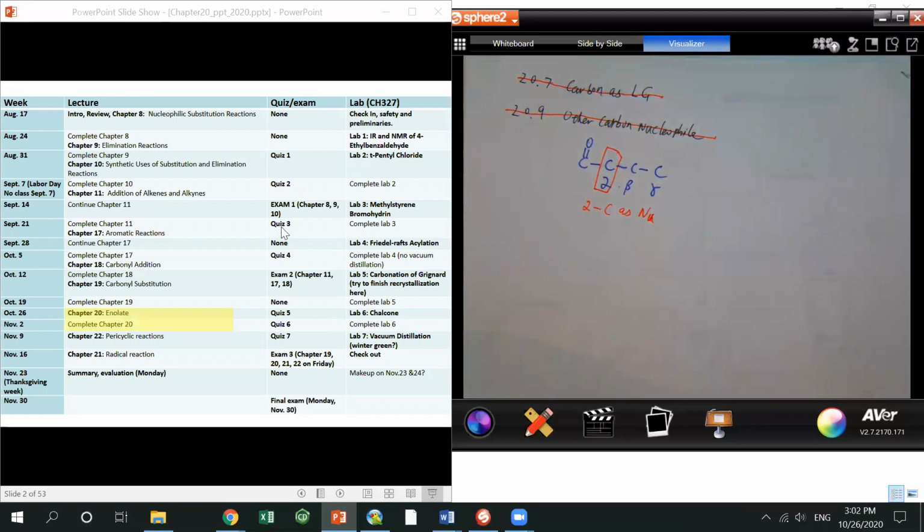This chapter doesn't cover too many reactions, probably only 6 or 7, but the mechanisms are much more complicated, and it's easy to get lost and confused. So I will try to slow down, and we will study this chapter for 2 weeks.